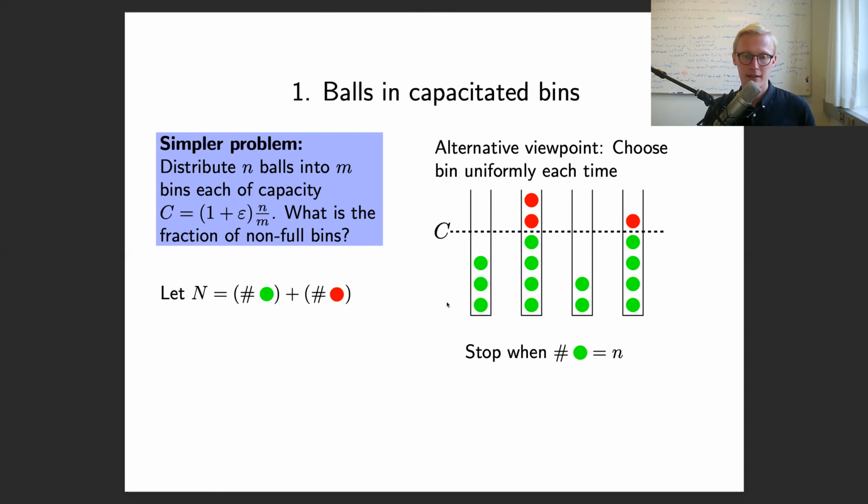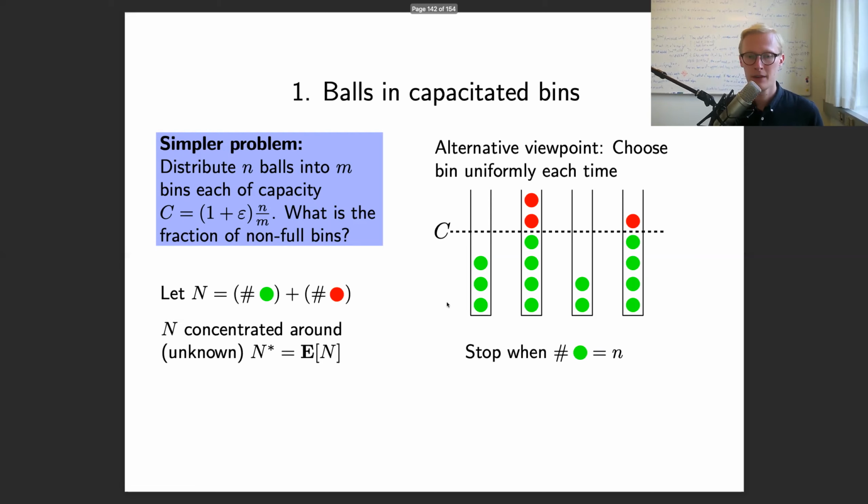And if we let N denote the total number of balls placed so far, then it's rather easy to show that N is concentrated around some unknown mean N star. And then the way we can analyze this simpler problem is just by placing N star balls into m bins. And the number of balls in a bin is then going to have this binomial distribution.